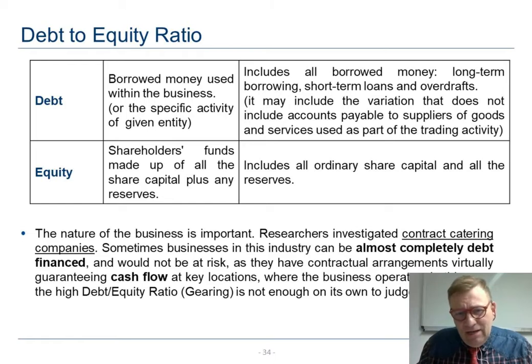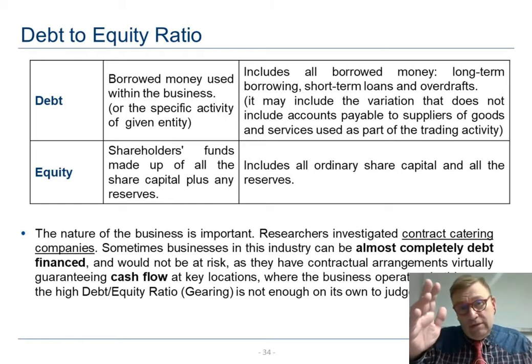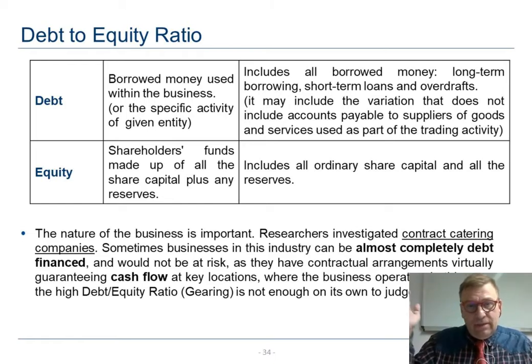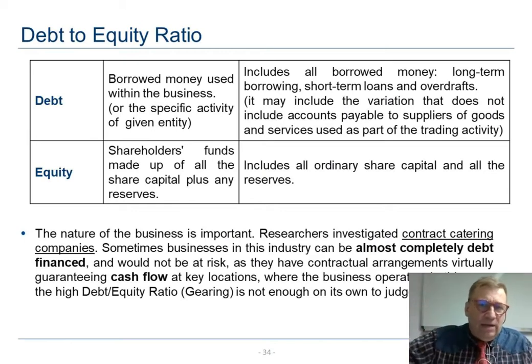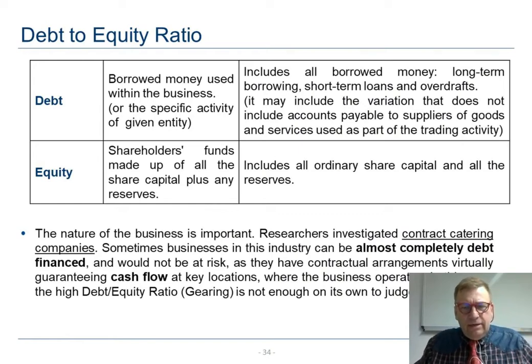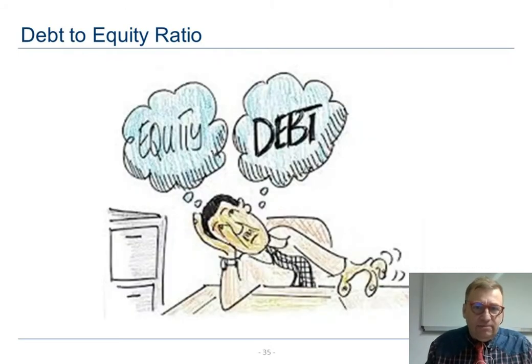But at the same time, in normal circumstances, not at the time of coronavirus, they have guaranteed cash flow because every event they are paid immediately. So they run almost completely on debt. Therefore, this debt to equity ratio or gearing would not be enough to analyze the company.